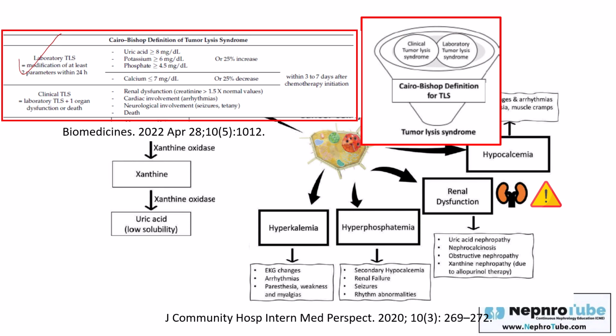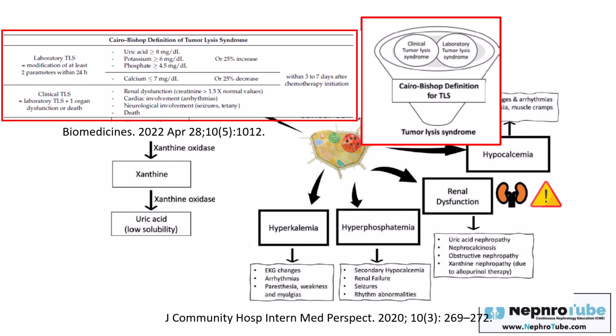Whether the laboratory criteria or the clinical criteria, they must be present within 3 to 7 days after chemotherapy initiation. In the laboratory criteria, the presence of at least two parameters is enough to diagnose tumor lysis syndrome. And the two laboratory criteria changes must occur within 24 hours of each other.